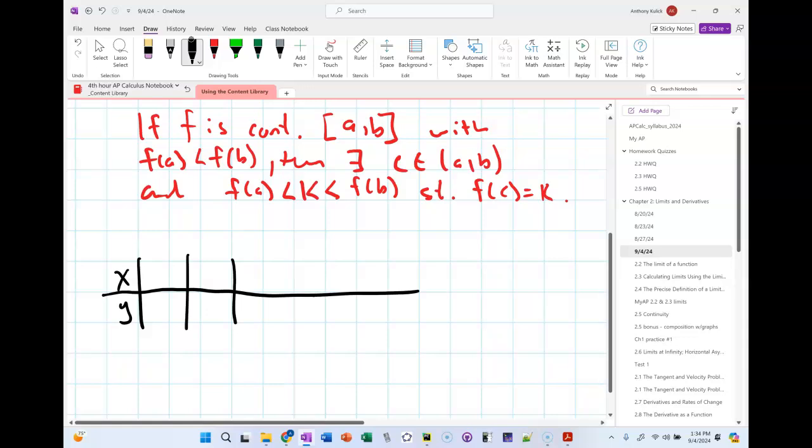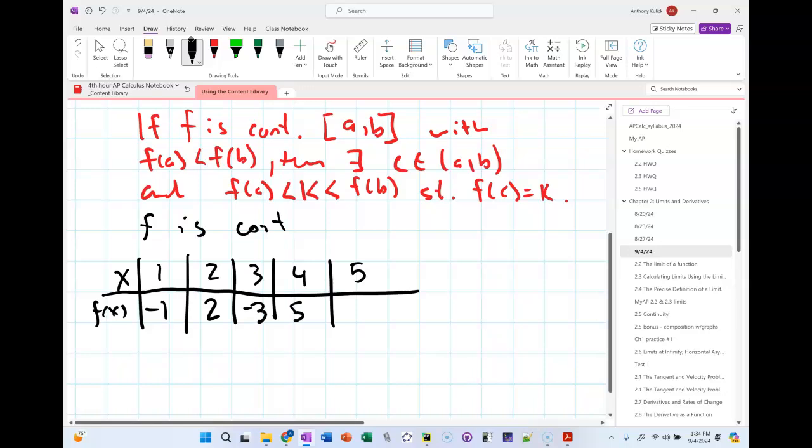a table of values here, and let's just say f is continuous. And say these are my y values. And I ask you, okay, how many times does f cross the x-axis?